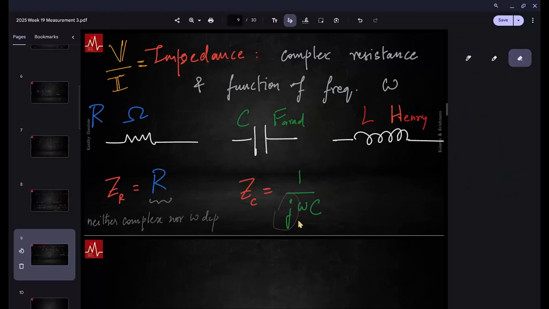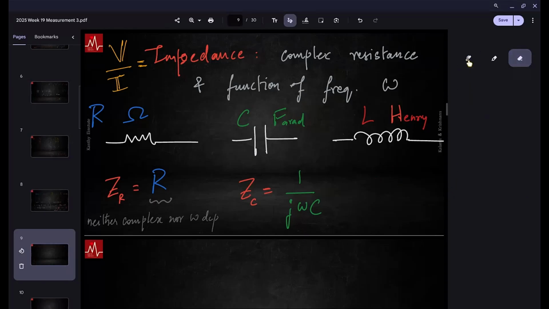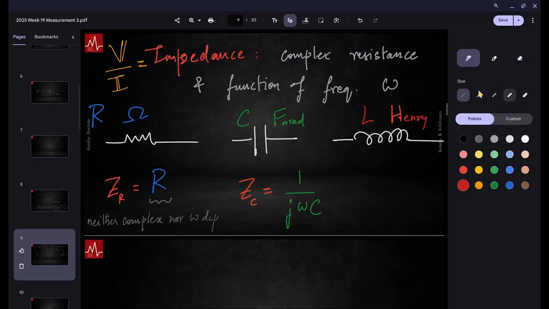Okay, the frequency also showed up. Then the capacitance C, whatever capacitance, that showed up. And finally, the impedance of an inductor. This happens to be j omega L.